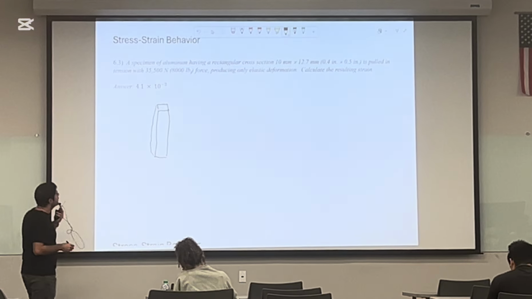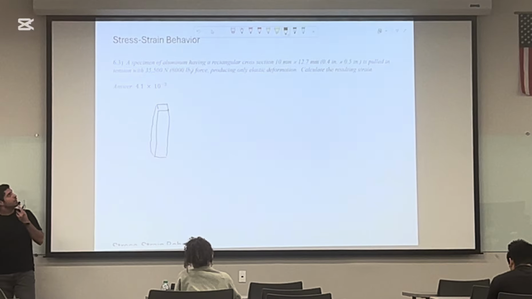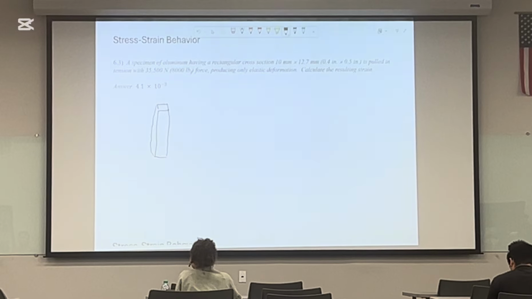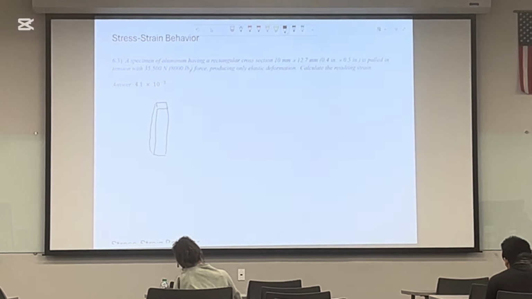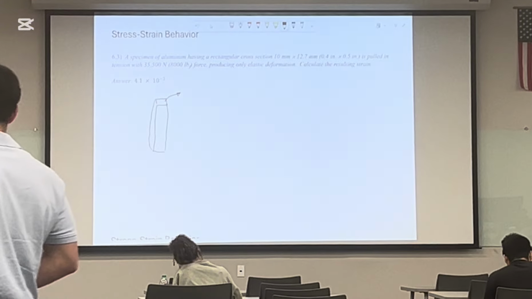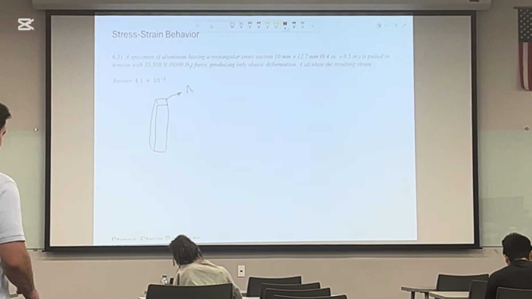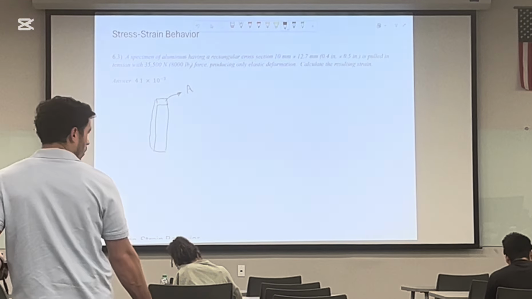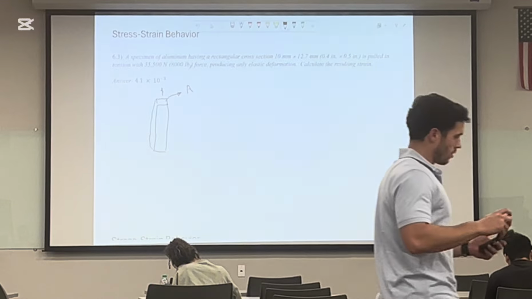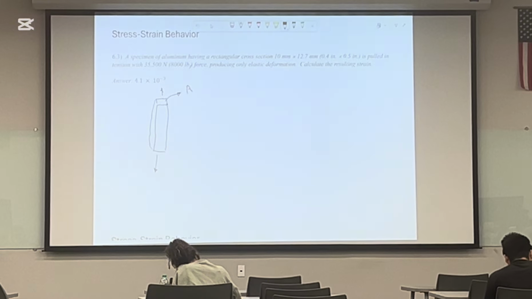Assume this is our rectangular specimen, right? And we know this cross section, we have the dimensions A, and this is under tension T, and we are asked to find the strain, right?